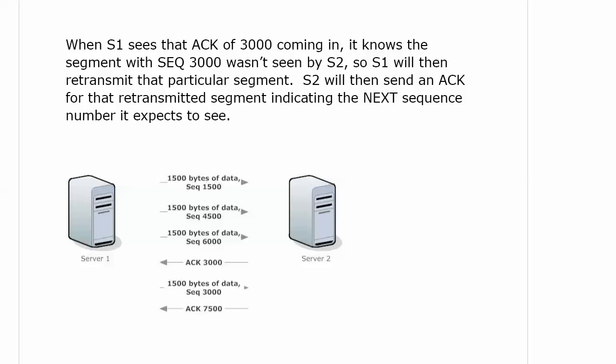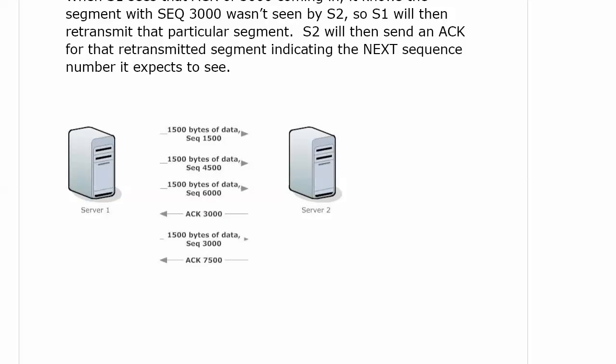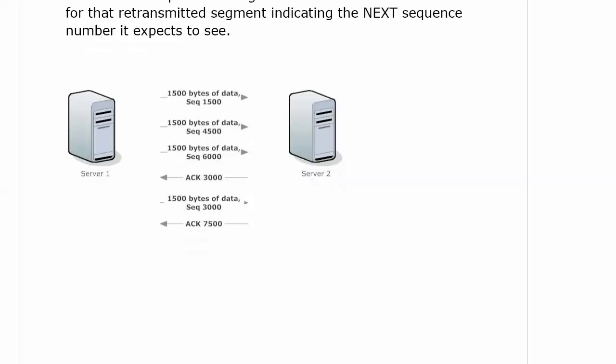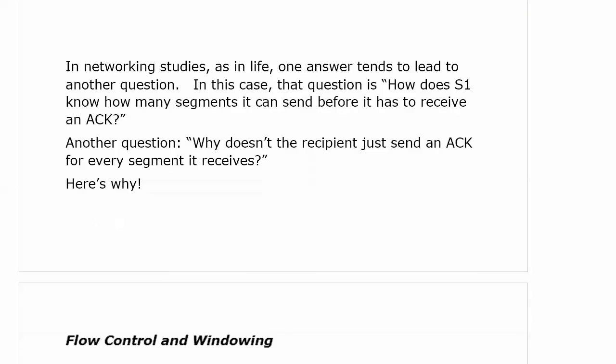And then server 2 will send an ACK for that retransmitted segment, indicating the next sequence number it expects to see. And that's really all there is to it. The key there is just remembering that the acknowledgement is always going to be saying, here's what I expect to see from you next.